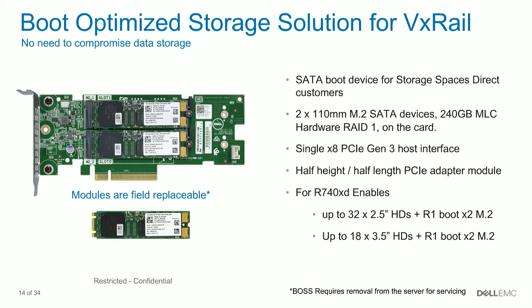The BOSS optimized solution comes in response to customer requests for a simpler, more economical way to segregate operating systems and data on server and storage. Many customers, particularly those in the HCI arena and those implementing software-defined storage, prefer to separate their operating system drives from data drives. The actual internal drives we use within VxRail will be a pass-through configuration for our vSAN.